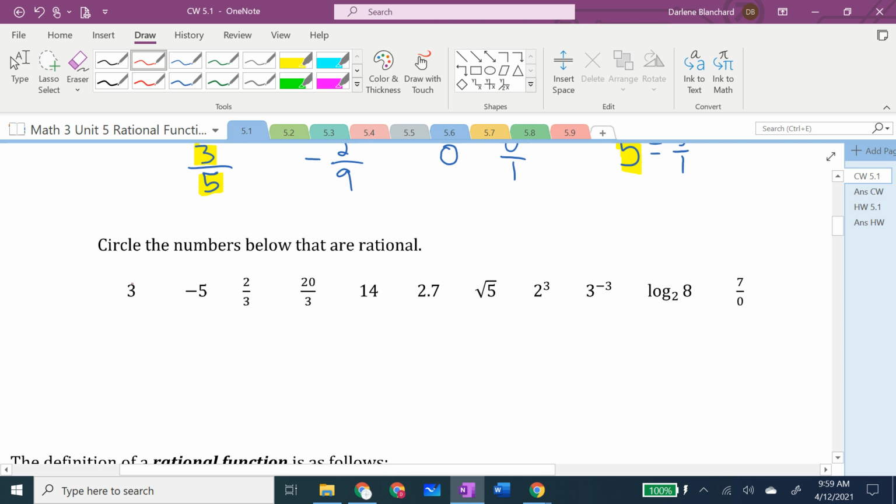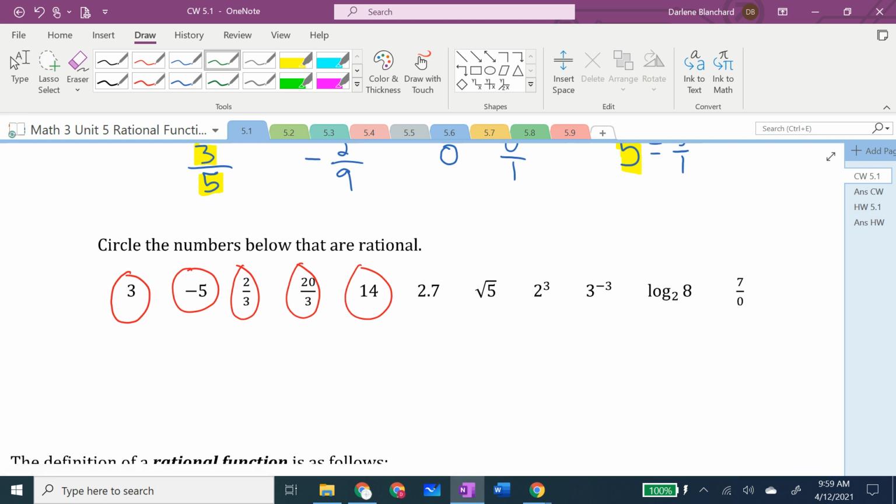So hopefully everyone saw that our nice whole numbers, 3, -5, those are rational numbers. 2/3, nice little fraction. Yes, that is a rational number. Yep, rational. Yep, rational. Can 2.7 be written as a fraction? How could it be written as a fraction?